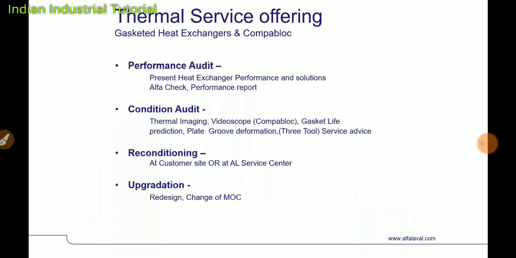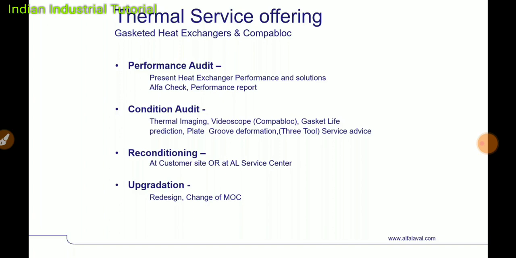Alfa Laval is offering thermal services for gasketed heat exchangers. You can see here the performance audit, the present heat exchanger performance in working condition. We are putting an ultrasonic flow meter on the heat exchanger pipeline, and temperature probes on all 4 pipelines. We are taking the exact performance of the heat exchanger during operation.